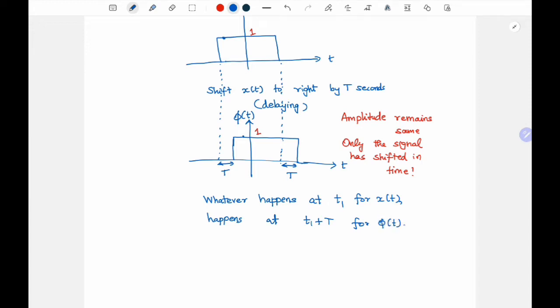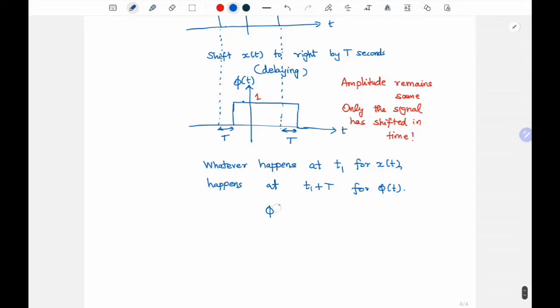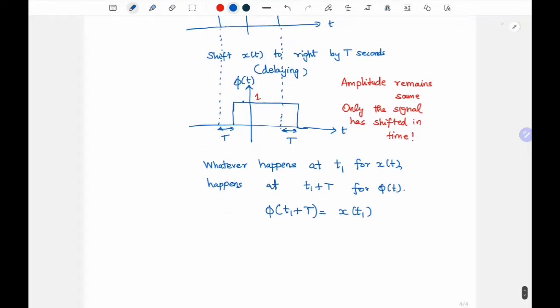Agreed? Then what can we write? Phi of t1 plus capital T is nothing but x of t1, correct? So this wording and this equation are synonymous.